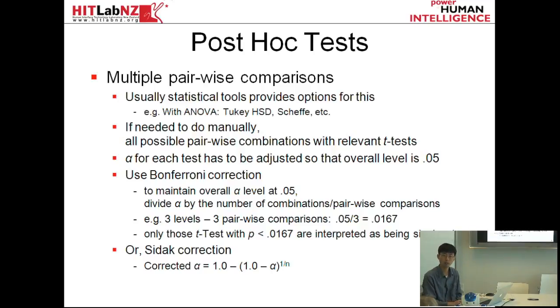If you run ANOVA in SPSS and it prints out a significant p-value, then it will also print out a pairwise comparison, which means comparing each of the pairs. But if you have to do it manually, then you can do it by using pairwise comparison.